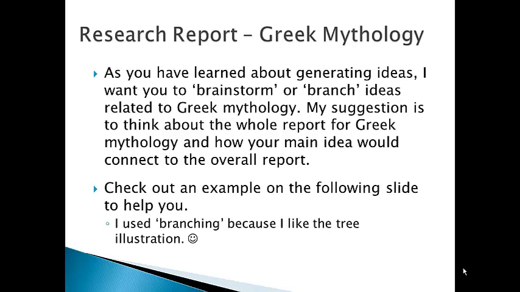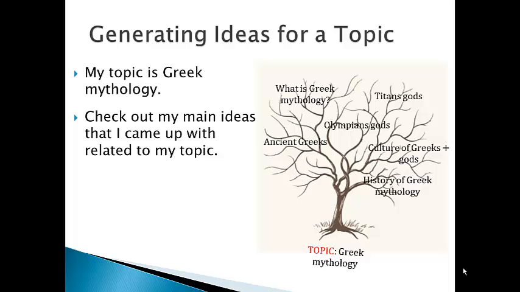Remember, we just need one, because you've only got one body paragraph. Let's look at the example that I did on the following page. I like the branching technique because I'm very abstract. As I'm generating ideas for my topic of Greek mythology, I came up with all of these keywords, phrases, and information, and I put them on these branching pieces to see how they're related.